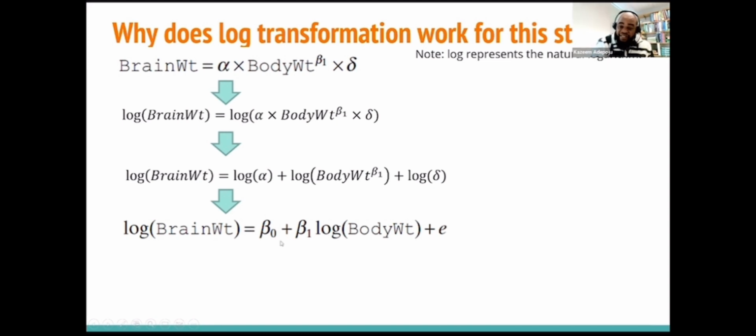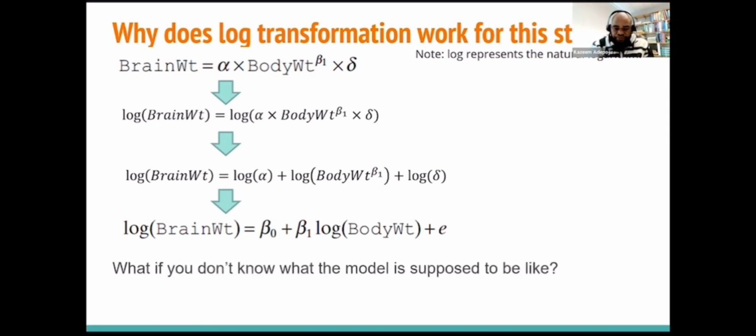So when we fit this now, it actually works. When you see a log in a variable in a model, it means that's a transformation that actually worked, in order for us not to have violations. That's what we mean.